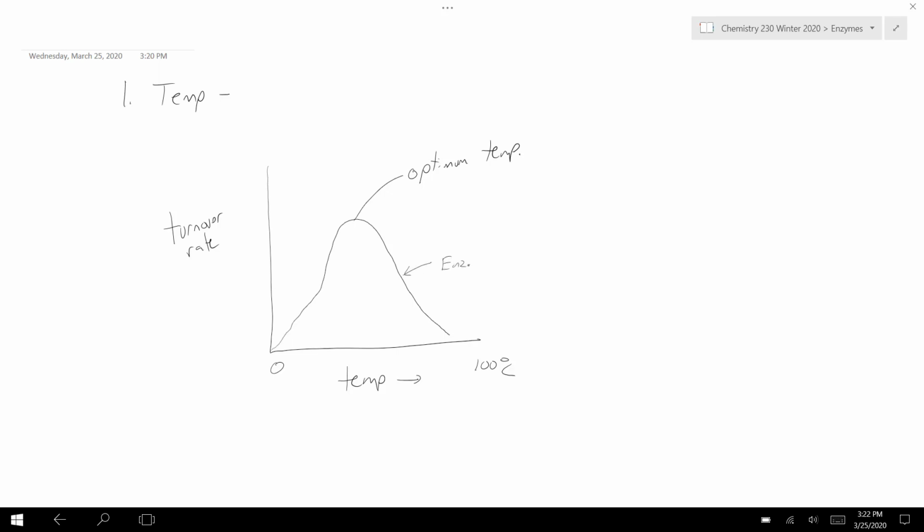So your enzyme would actually denature as you start to get higher and higher temperatures. But at lower temperatures, they typically don't denature. They just start moving less. But every enzyme has an optimum temperature at which it goes. And we know as you increase, the substrate and everything collides a little bit more, but then at some point you denature your enzyme. And so temperature increases to a point, and then there's an optimum.